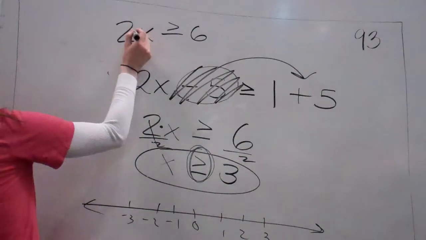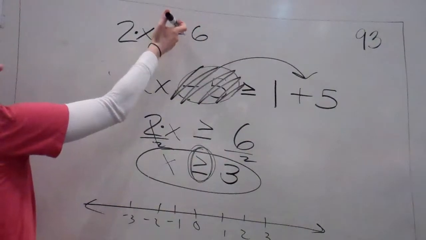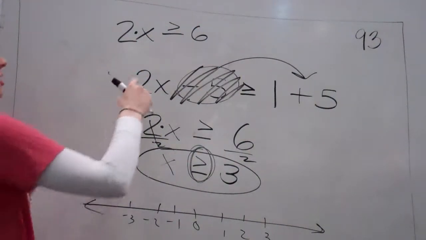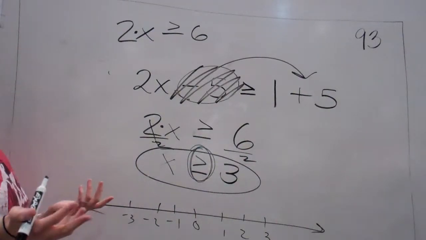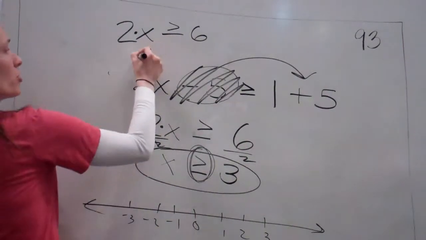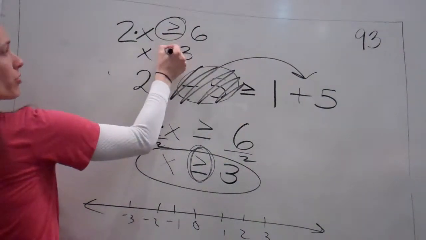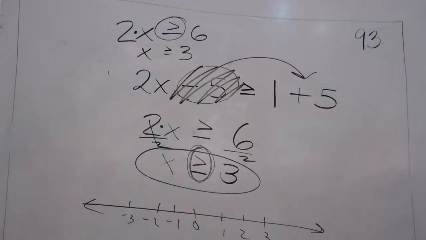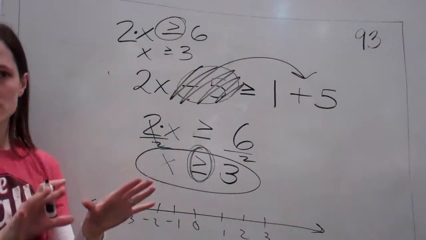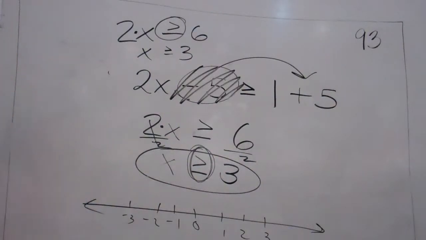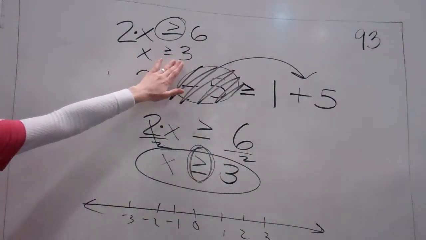Because this says 2 times what equals 6, well, it's not really equal, but you have to see it like that at first. We know that x is going to be 3. So you'd say x is equal to 3, but we're not using equal, we're using the inequality. You kind of just have to see it as an equal until the very end, because that's how your brain's been working.